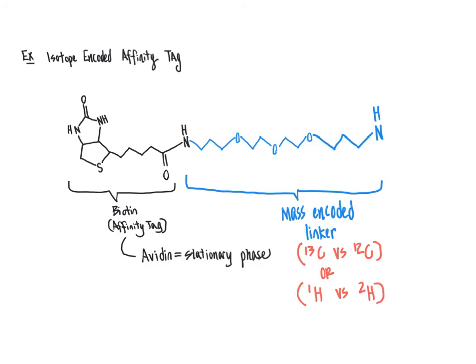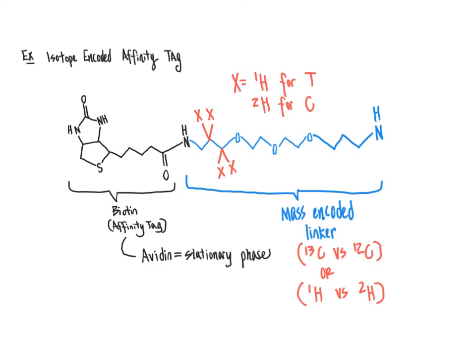And so in the case of a hydrogen 1 versus hydrogen 2 linker, we could say at this position, these X atoms here represent hydrogen 1 for all of the treatments, hydrogen 2 for the control at those positions.